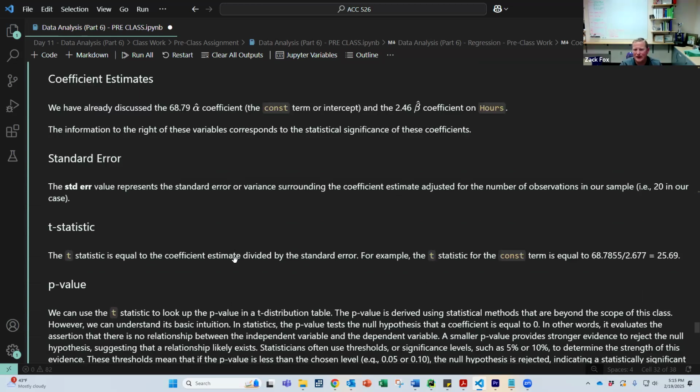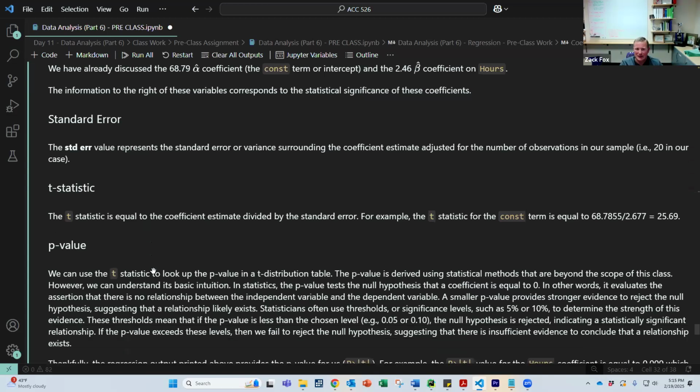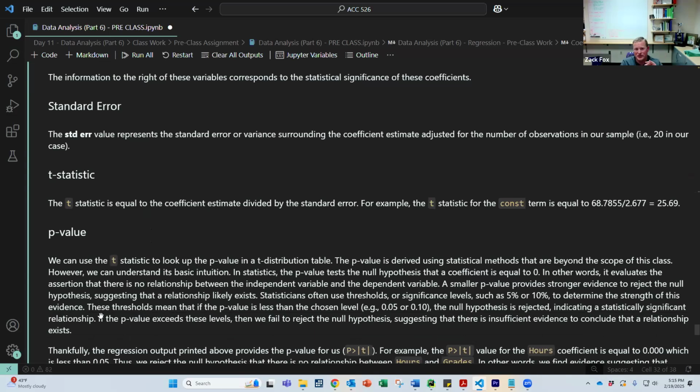Okay, the p-value is derived using statistical methods that are beyond the scope of this class. However, we can understand its basic intuition. This is what we fixate on as researchers, the p-values. The p-values test the null hypothesis that a coefficient is equal to 0. In other words, it evaluates the assertion that there's no relationship between the independent variable and the dependent variable. A smaller p-value provides stronger evidence to reject the null. So if there is a relationship, we want to reject this null hypothesis that there's not.